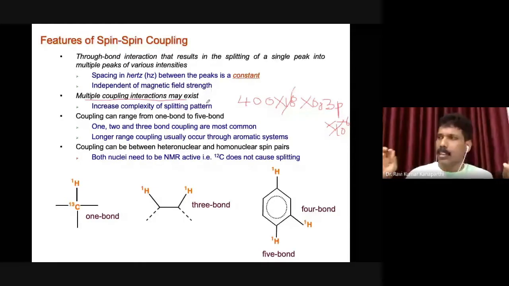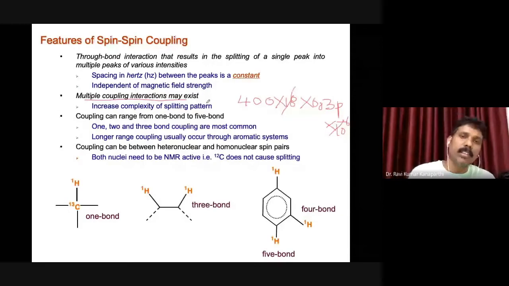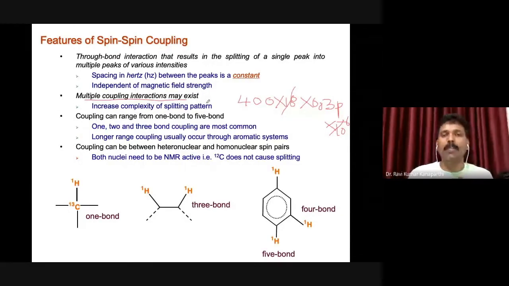Look, 3 plus 4, it is 7 nuclei interacting with this central CH2. That is what is meant by multiple coupling. At a time, many spins can interact with one spin. As a result, the fine structure gets complicated, and what we get is a very complex spectrum.